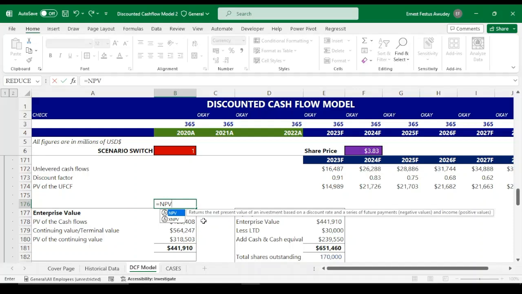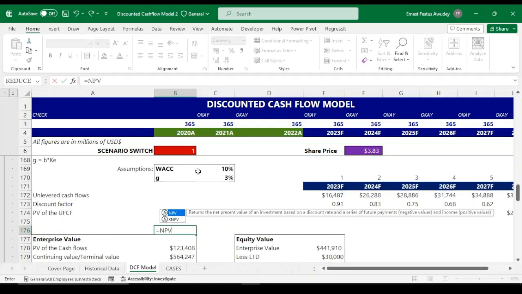So the WACC, the discount rate here, is our WACC. Okay, the WACC is the discount rate, and the series of future cash flows are these particular cash flows we are having here. So what do we have here?